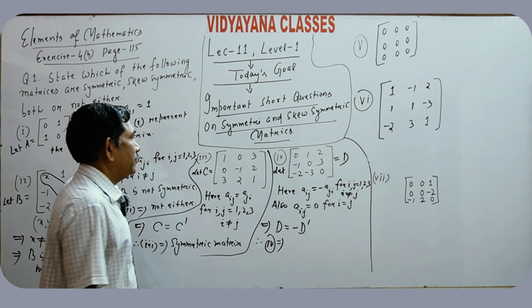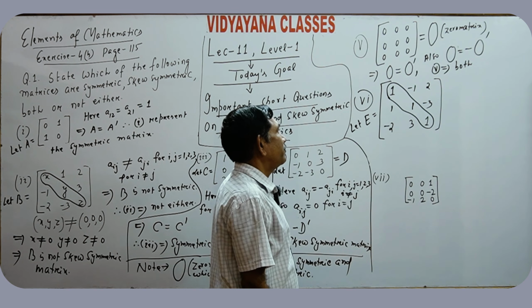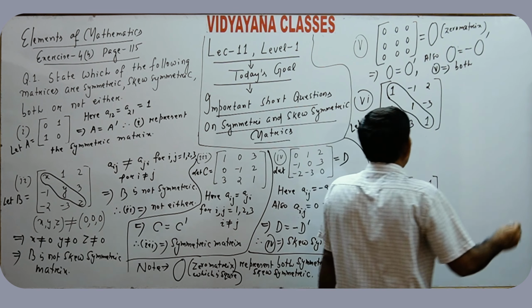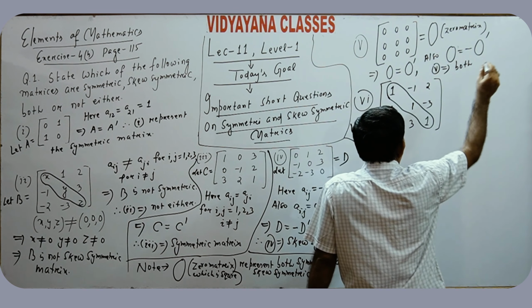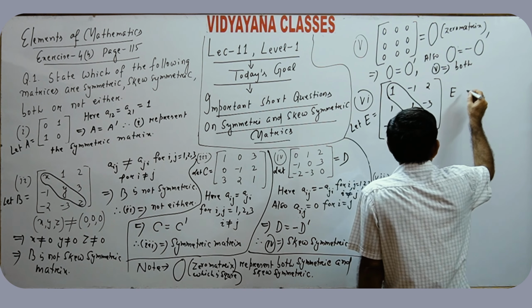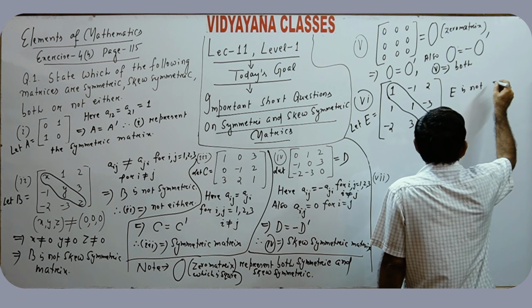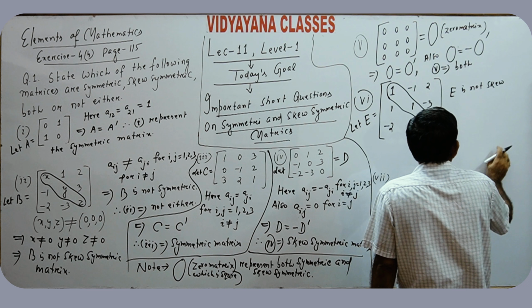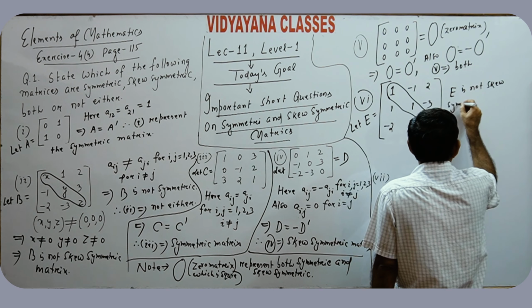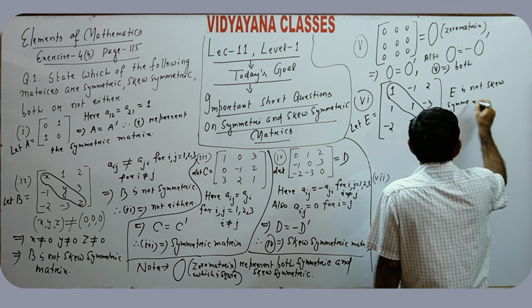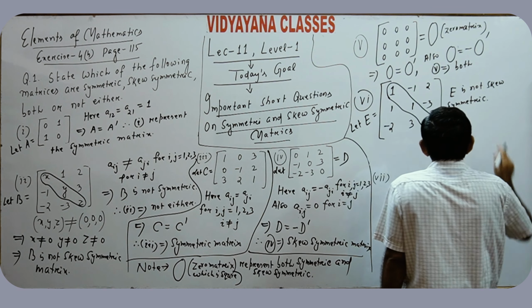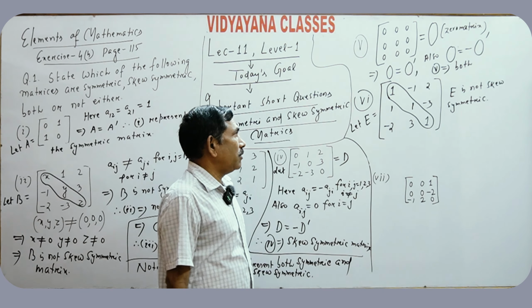Since all elements in the diagonal, that means left top to right bottom, are not 0, E is not skew symmetric.